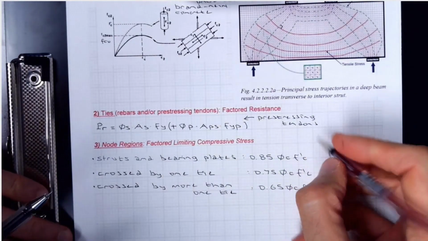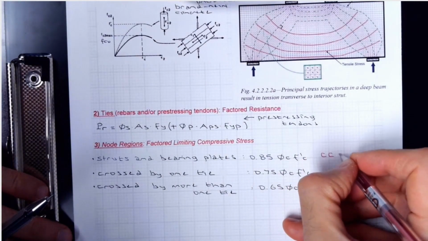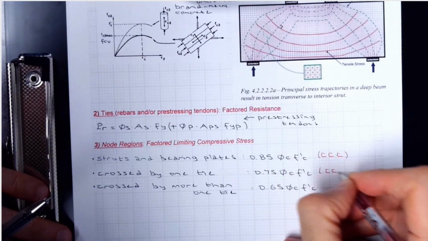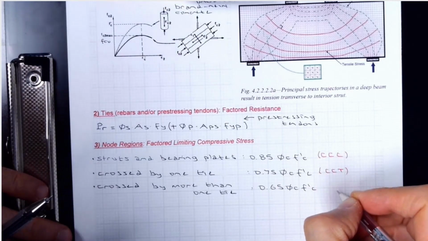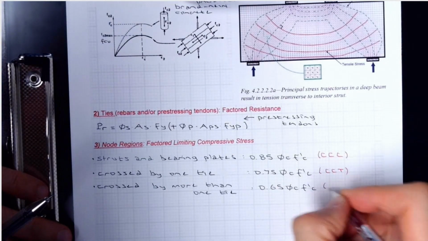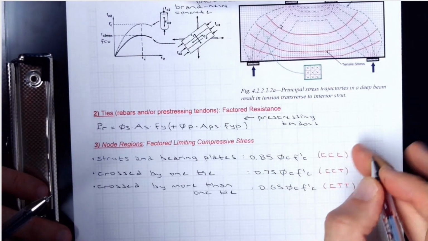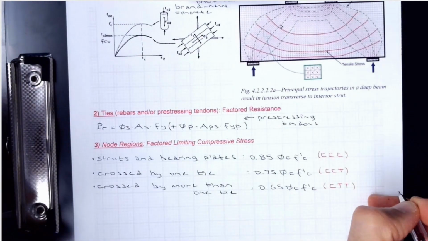And these are called internationally CCC, compression, compression, compression, no tension. CCT, only one tension in this, and then CTT, two tensions. This is how these are called.